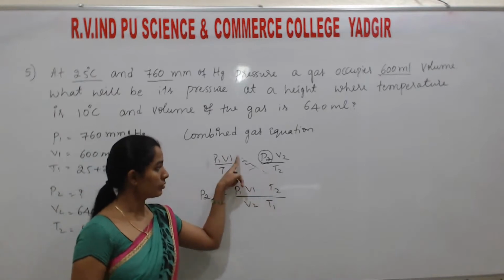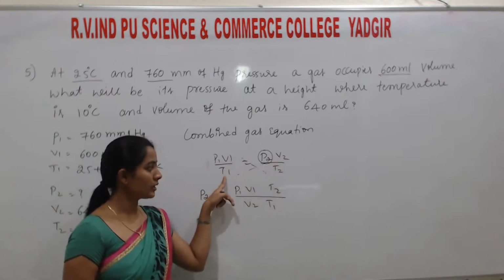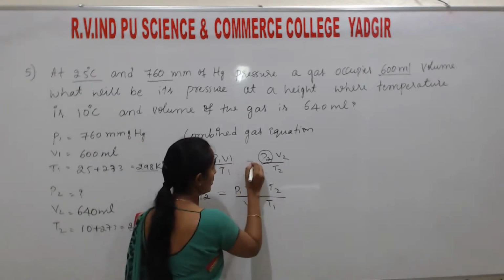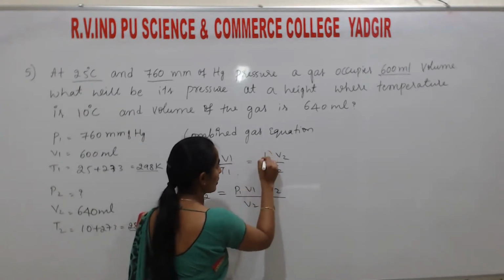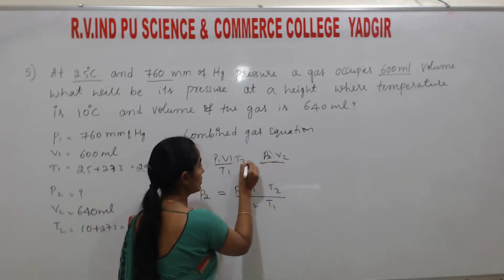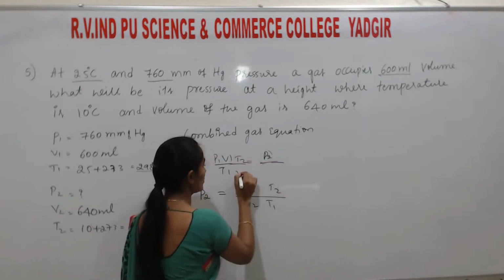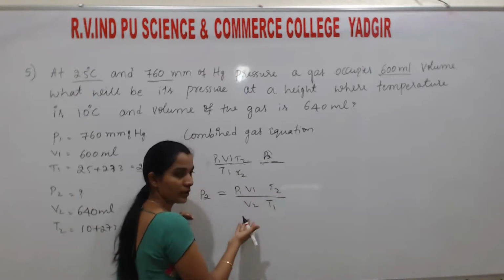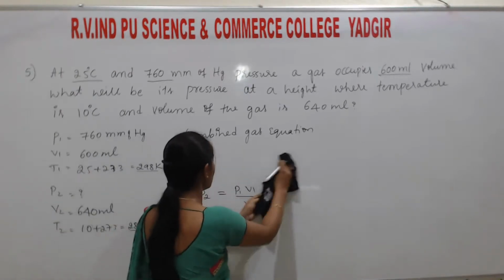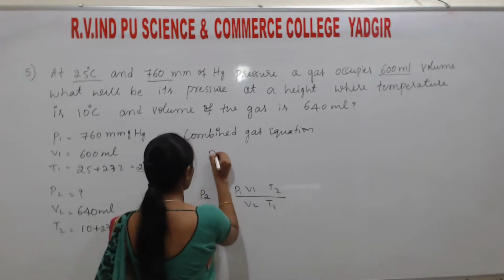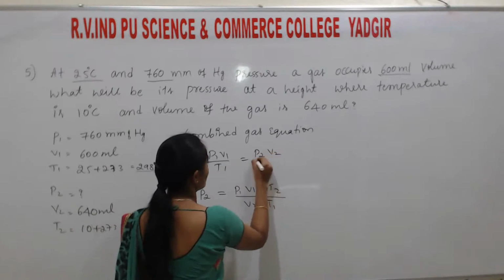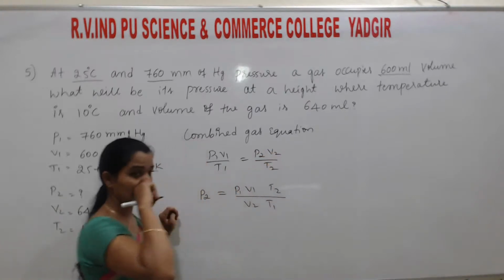That is P1 V1 into T2 divided by T1 V2. Correct? Because listen, we want only P2 here. I'll write the equation first. Conversions you have to know. P1 V1 by T1 is equal to P2 V2 by T2.